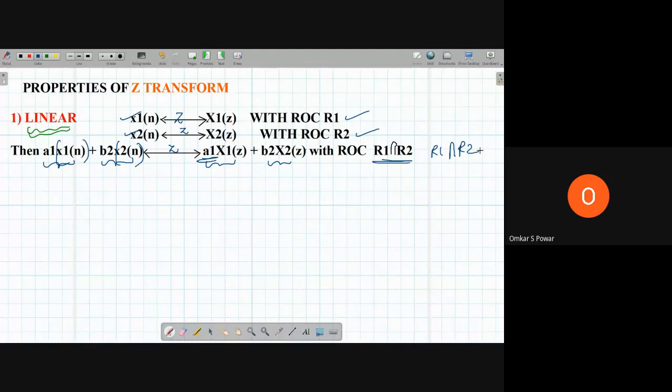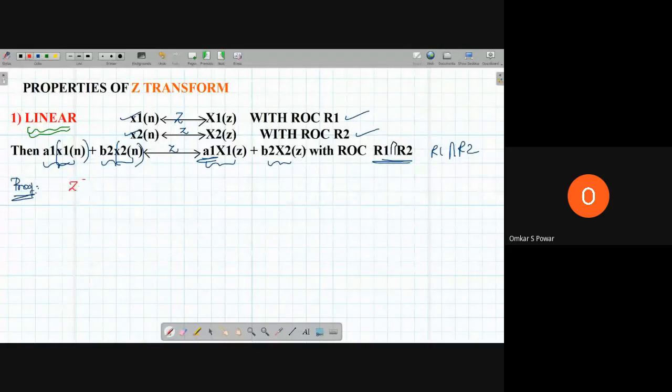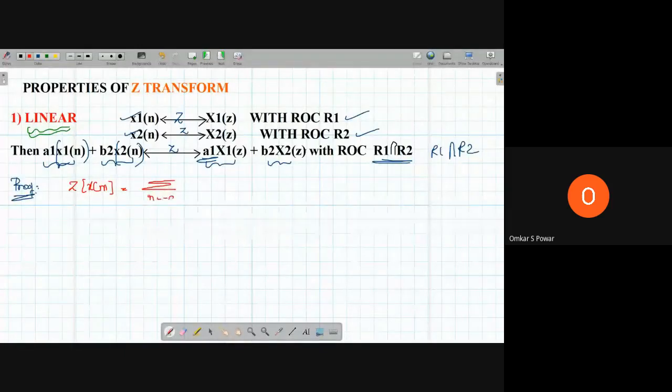So how can I prove this? In order to prove this, let me start with the Z transform of x of n formula. The Z transform of x of n is nothing but summation n varies from minus infinity to infinity of x of n z to the power of minus n. Now let x of n be equal to a1 x1 of n plus b2 x2 of n.